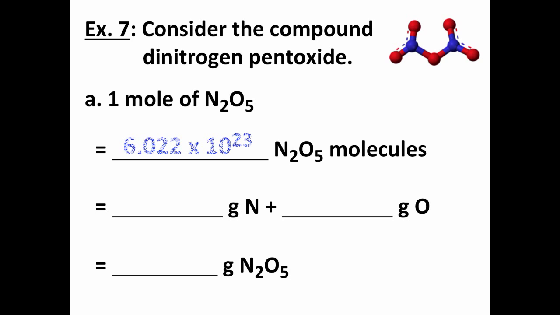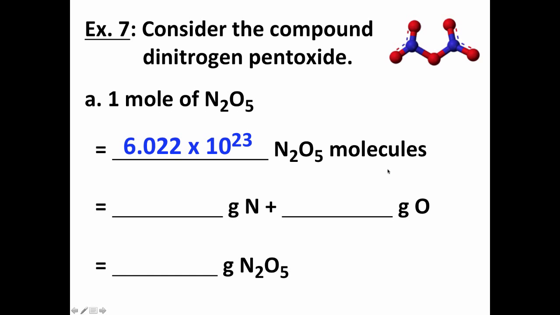Well, 1 mole of N₂O5, of course, consists of 6.022 times 10 to the 23rd N₂O5 molecules. And then each N₂O5 molecule contains 2 nitrogen atoms and 5 oxygen atoms, so we actually have 2 moles of nitrogen atoms and 5 moles of oxygen atoms in 1 mole of N₂O5 molecules.